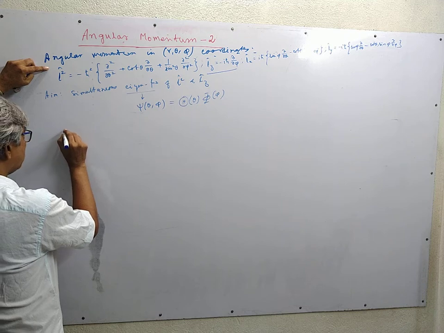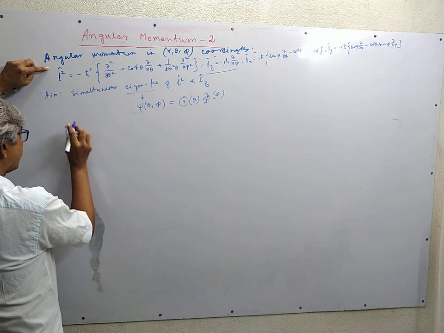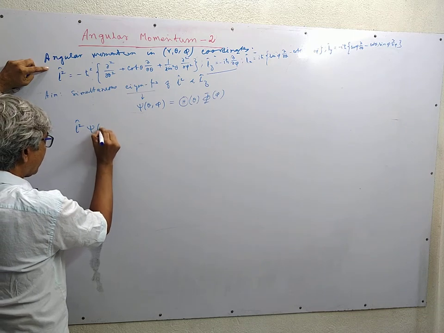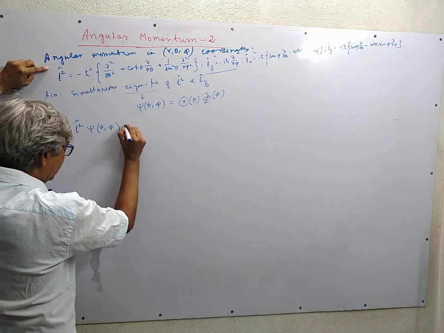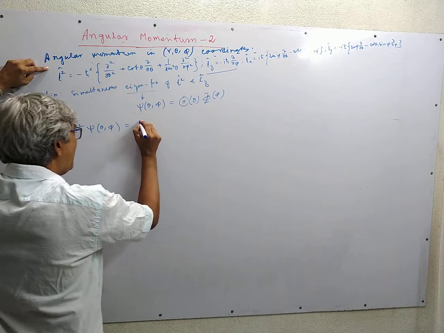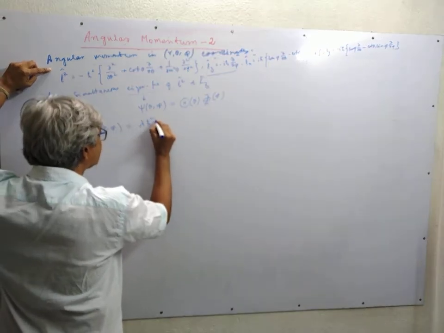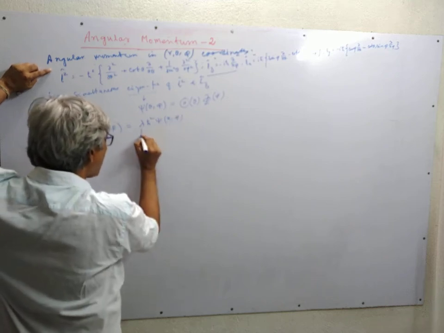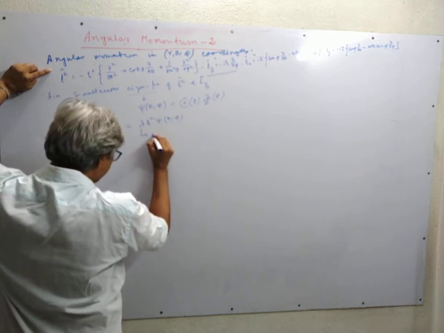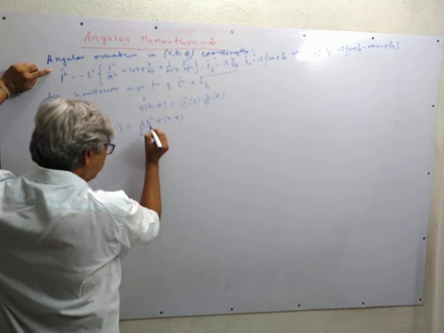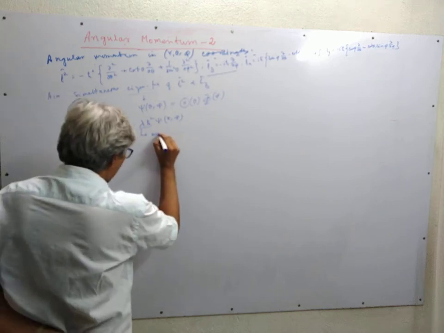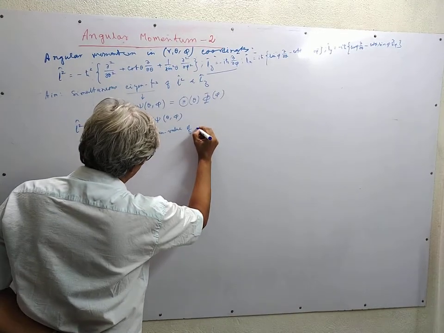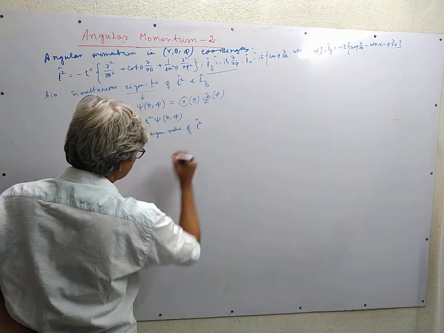We assume that L square operating on the eigenfunction gives lambda h cross square times the eigenfunction. So lambda h cross square is the eigenvalue of the L square operator.